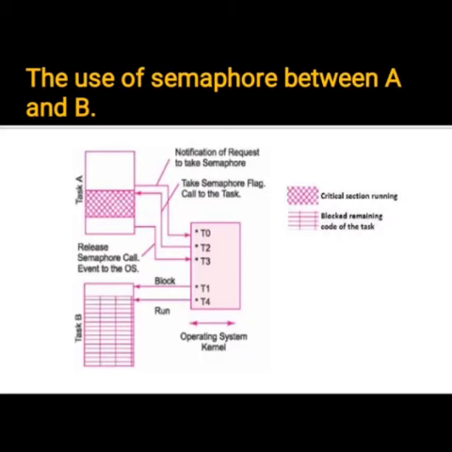Once task A has released its semaphore or has completed its operation, at the T4 state task B can share the resource or use the resource. That is what they have shown in this diagram.